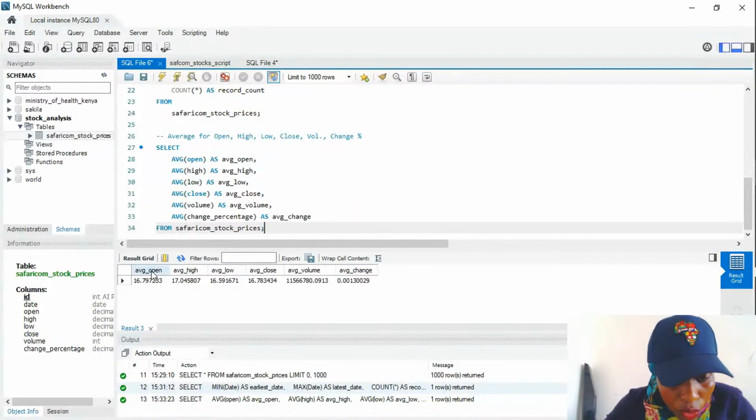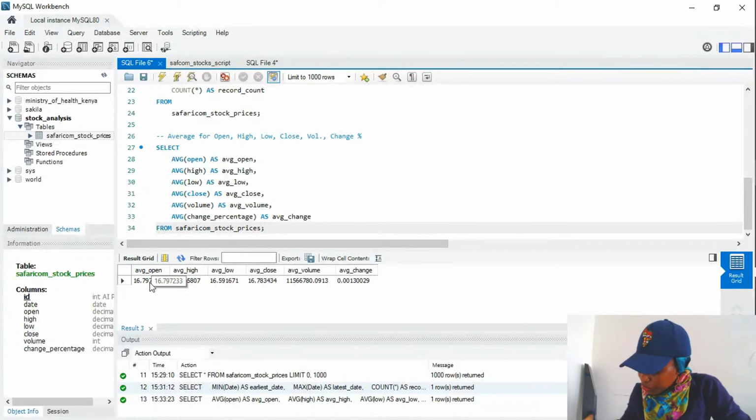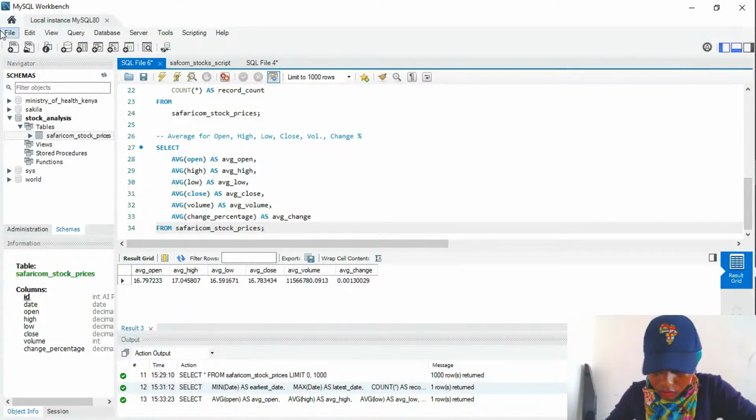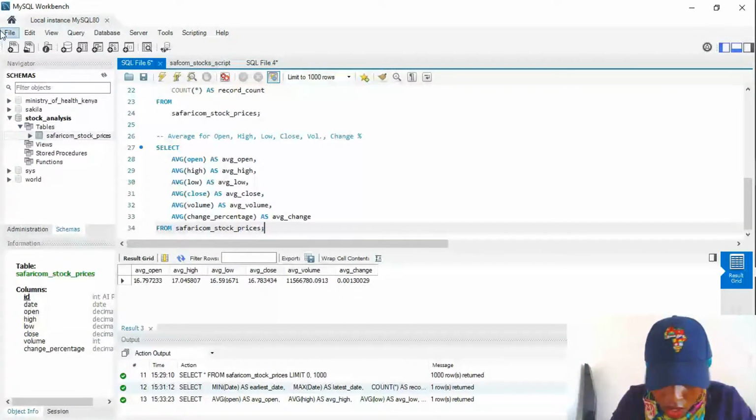So the average for opening price here was 16.79. Let me just write that somewhere. And then for the highest, the average for the highest was 17.06. And then for the low was 16.78.